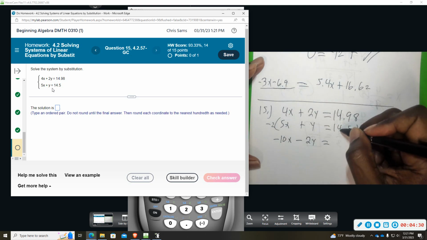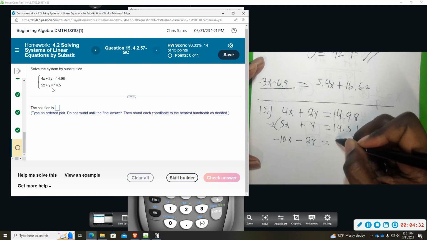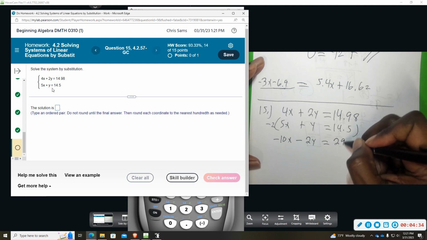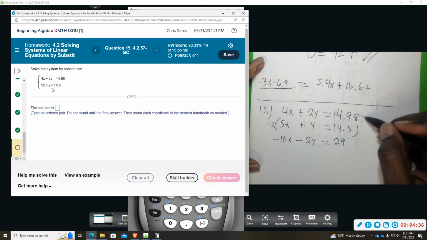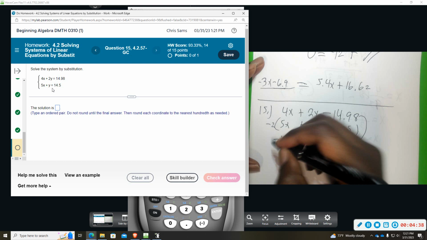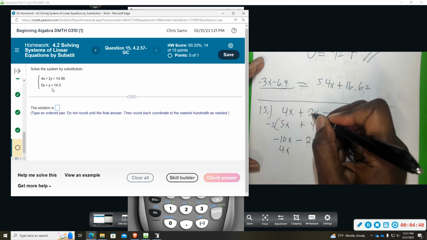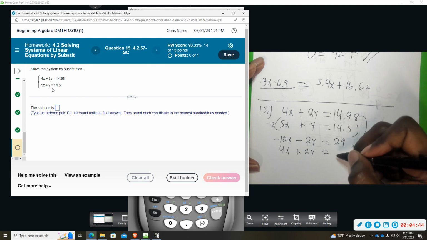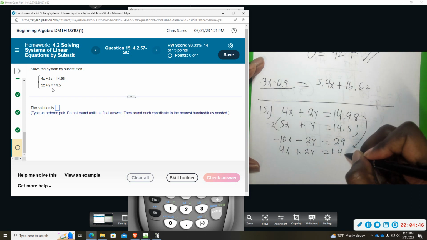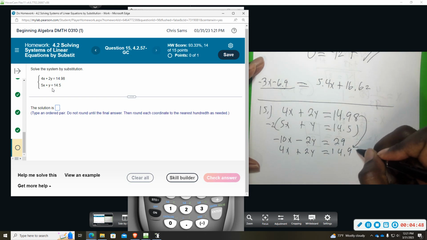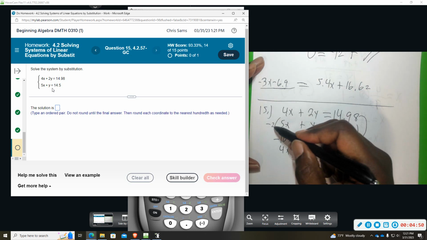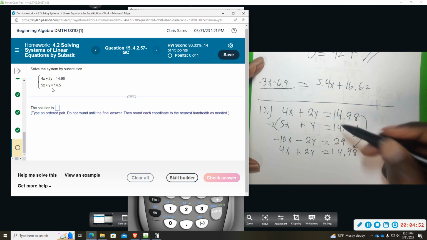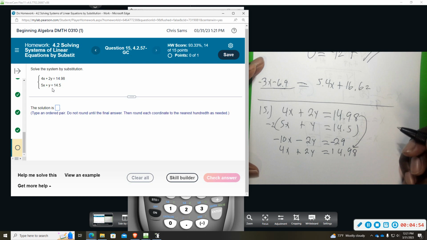It's going to give me 28.9... I'm going to bring this equation down, leave it the same. So it's 4x plus 2y equals 14.98. Now, did I multiply that? I multiplied it by 2, but not negative. This should be a negative 29. Got to be careful there.